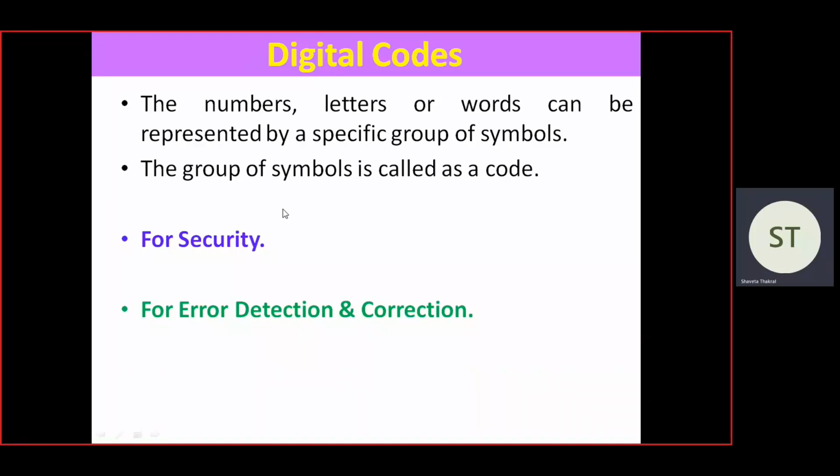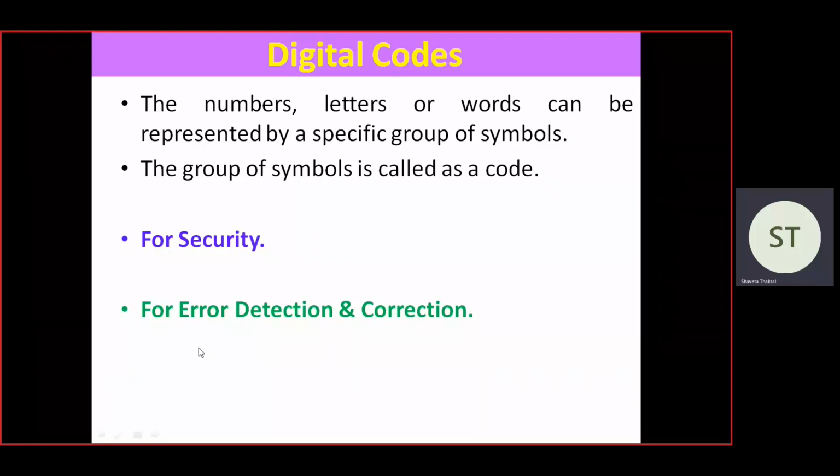And what is the purpose of digital or binary codes? That is to enhance security. If we transmit information in terms of codes, obviously it is more secure. Another benefit is that while transferring information, there may be chances of noise being introduced in the channel.